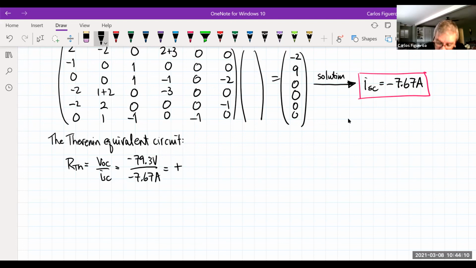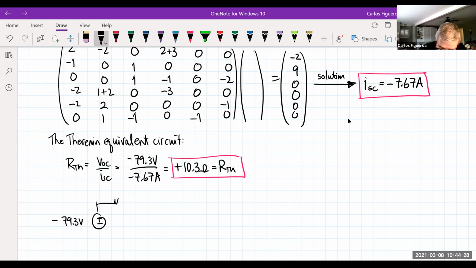So this gives me a positive Thevenin resistance that looks like this. In other words, I know that my circuit then looks like this here. Which is 10.3 ohms.